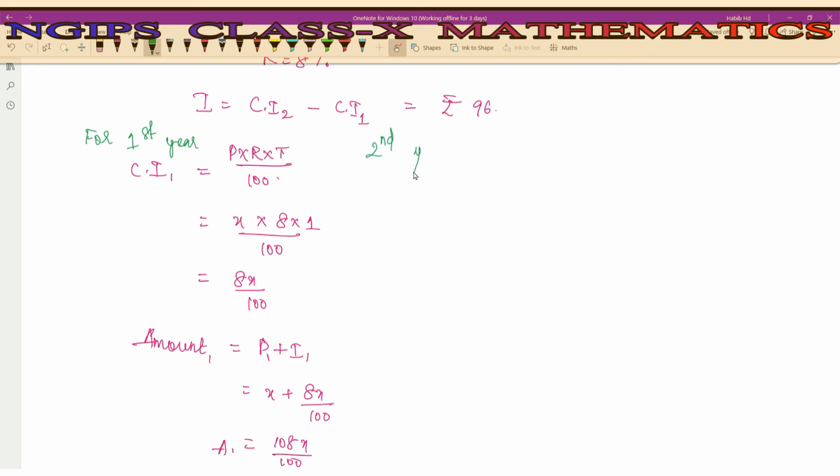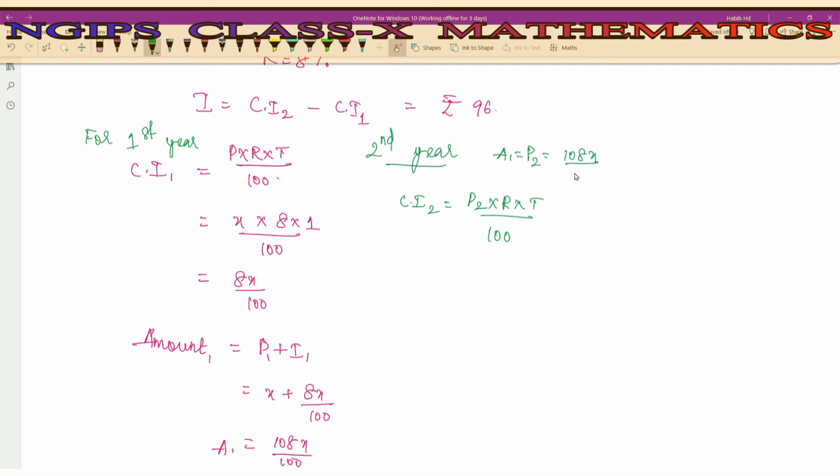Now we are going to find out for the second year. Compound interest for the second year is equal to P2 into R into T divided by 100. We have the first year principal, and we need to carry the first year amount for the second year principal.